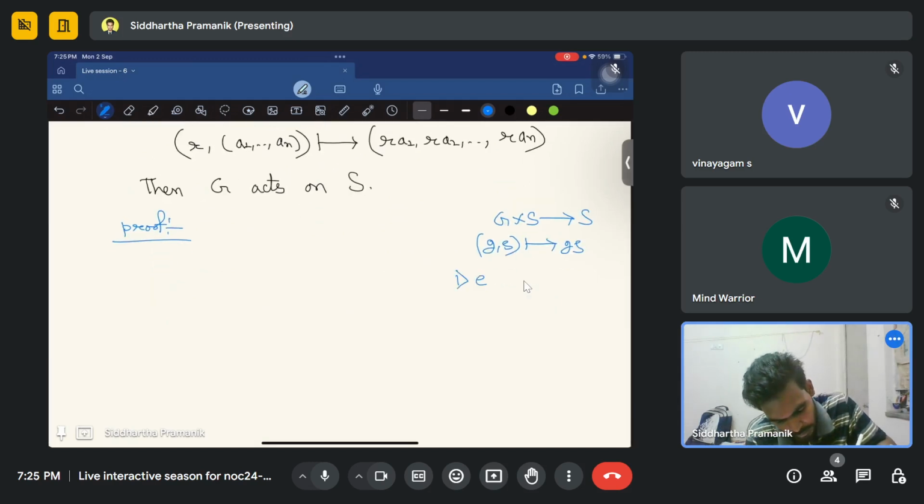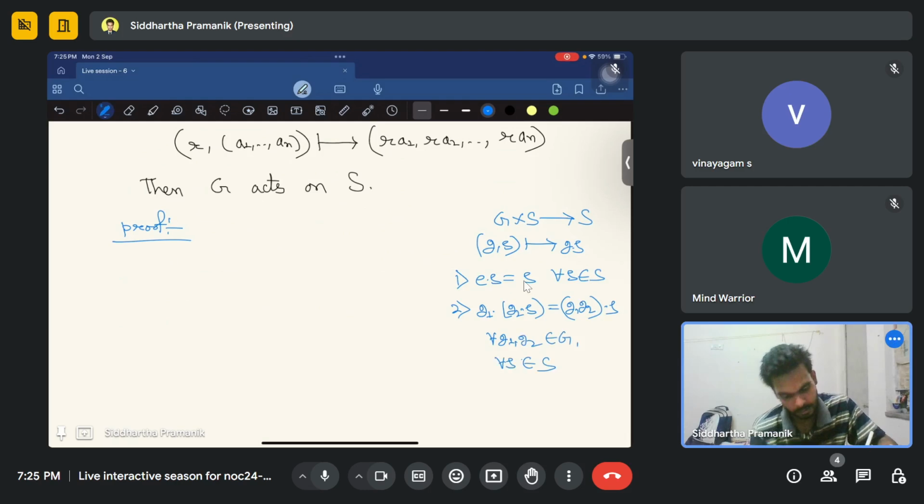First of all, e·s equals s for all s belonging to S, and the second is associativity: g1·(g2·s) is the same as (g1 g2)·s, and this is true for all g1, g2 in G and for all s in S. So we need to verify these two axioms, then this function will be a group action.